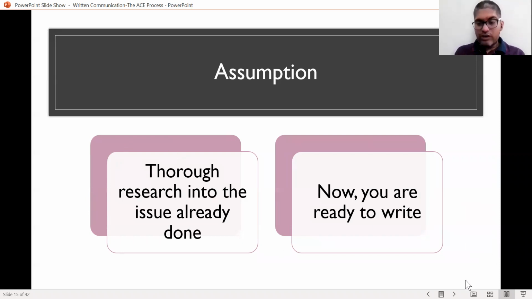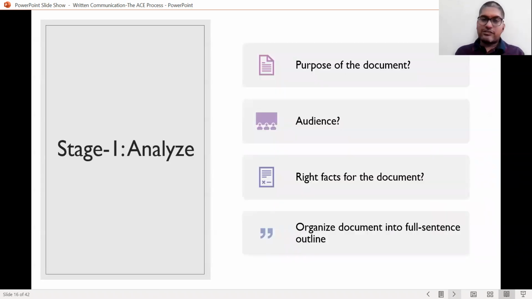What this ACE process caters to is not the research into the issue, but the writing process, or writing the actual document. Let's look at the first stage. Here we will be dealing in detail with the purpose of the document and how to identify it, the audience, the right facts for the document, and how to organize the document into full sentence outlines.